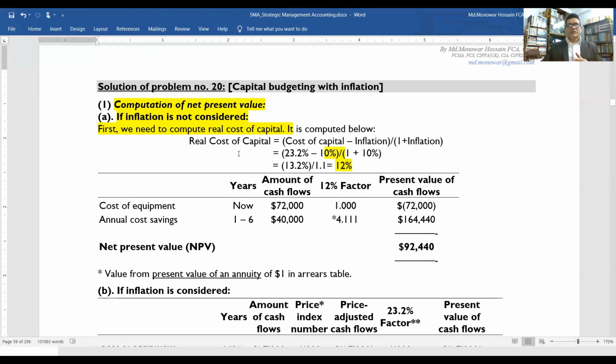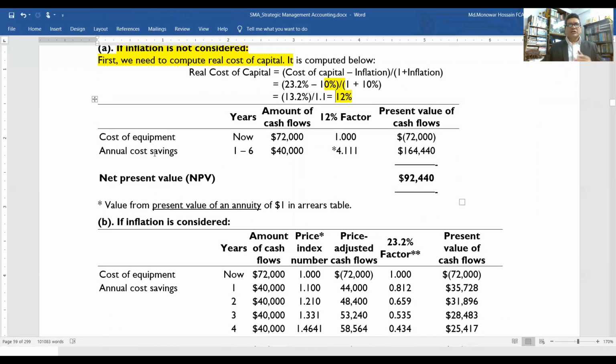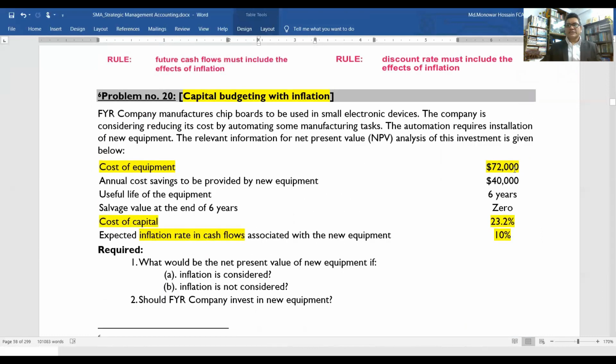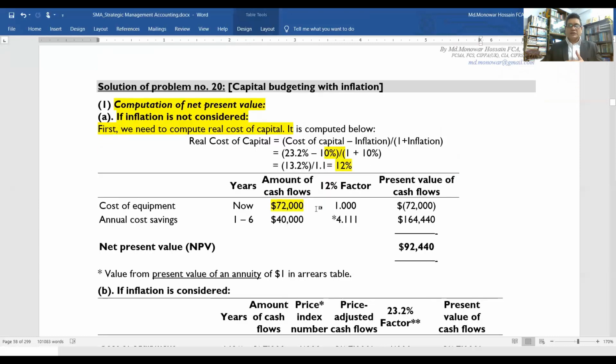Okay, so now the cost of equipment at year 0 is 72,000, as given in the question, at the 12% factor, so minus 72,000.